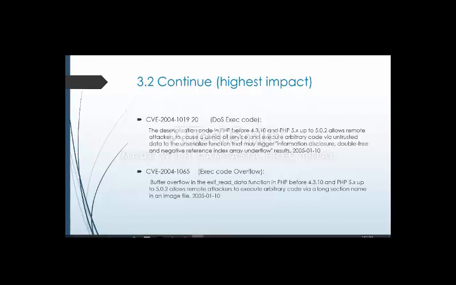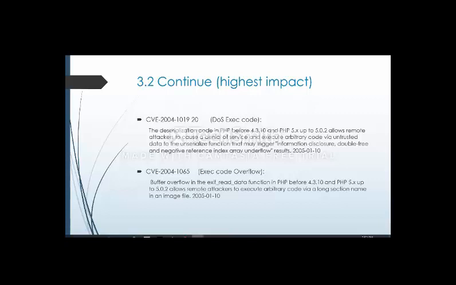It says the deserialization code in PHP before version 4.3.10 and PHP version 5 up to 5.0.2 allows remote attackers to cause a denial of service and execute arbitrary code via untrusted data to the unserialize function that may trigger information disclosure, double free, and negative reference index array underflow. This was back in 2005, 12, 10.